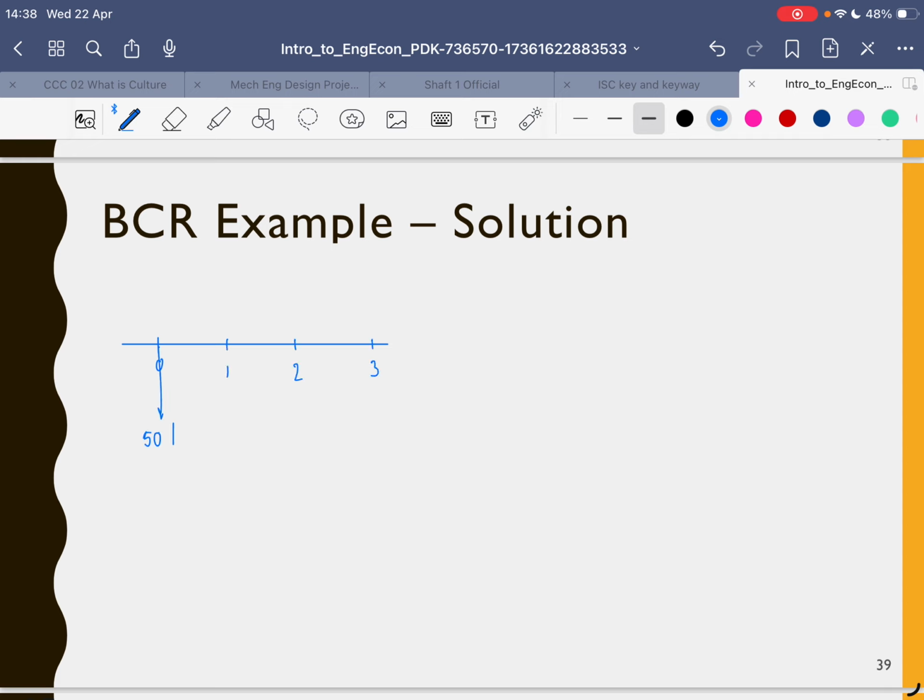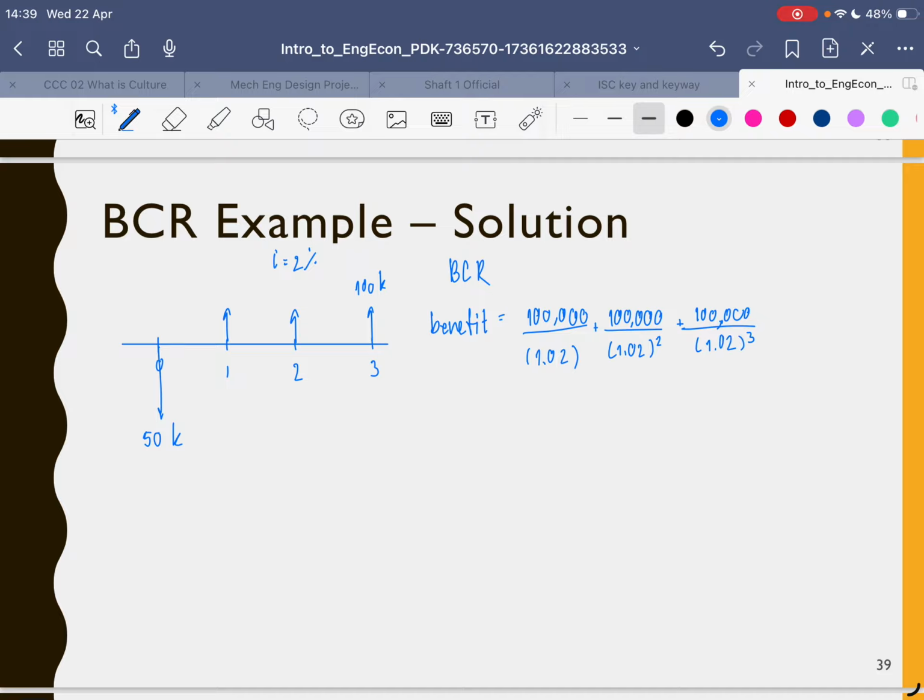The benefit of this project is 100,000 divided by 1.02, plus 100,000 divided by 1.02 to the power of 2, plus 100,000 divided by 1.02 to the power of 3, which is going to equal 100,000 times the annuity factor, (1.02 to the power of 3 minus 1) divided by (0.02 times 1.02 to the power of 3).